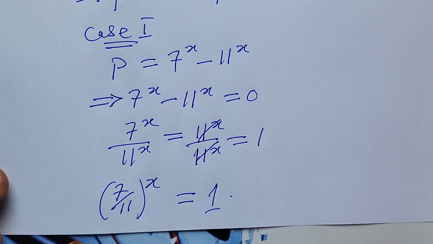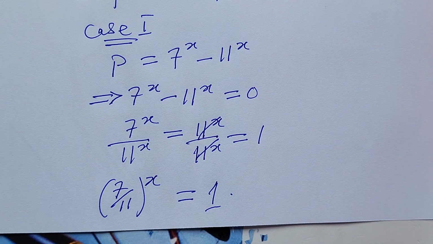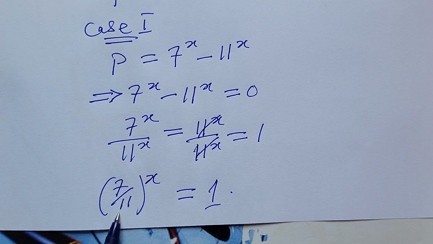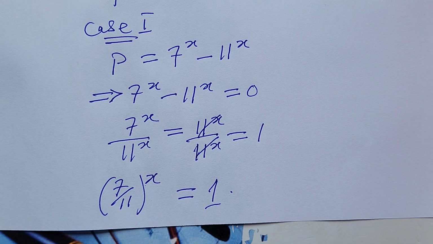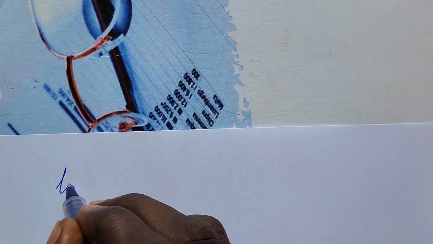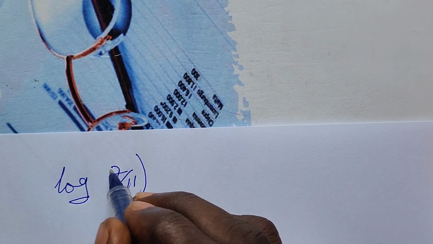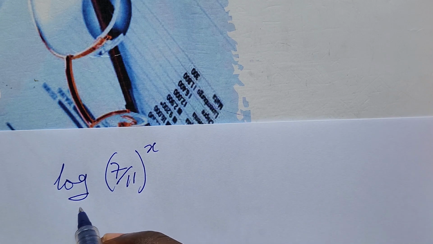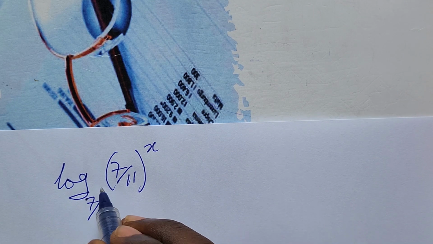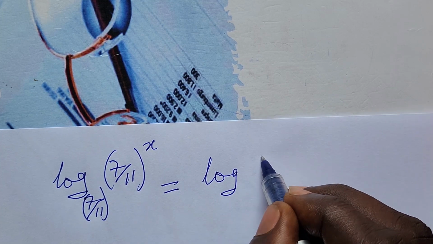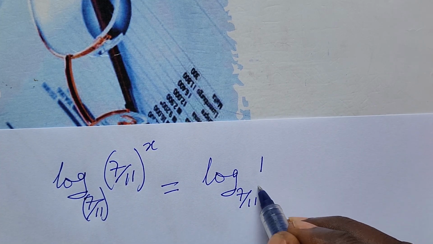So what do we do? We can take log to base 10, but here, because of what we have, I want to take log to base 7 all over 11. So let's continue. This is going to give us log of 7 all over 11 all to the power of x, base 7 all over 11, equal to log 1 base 7 all over 11.